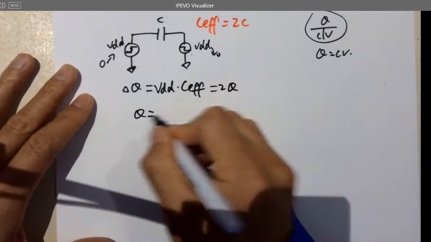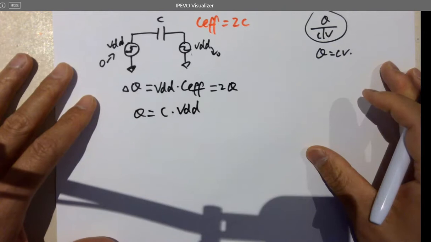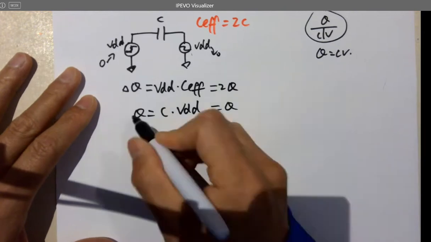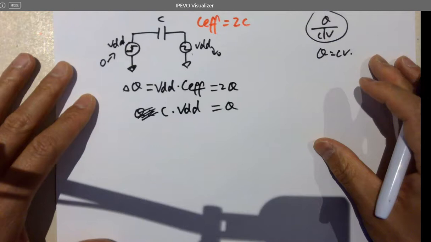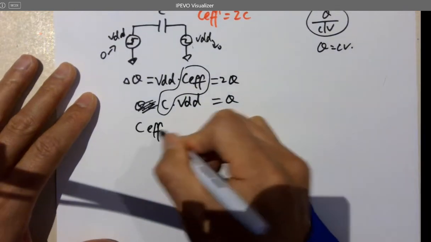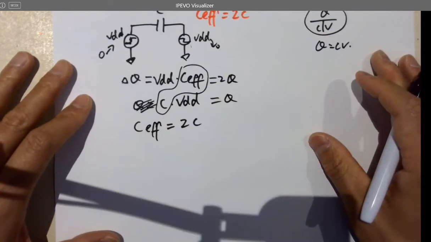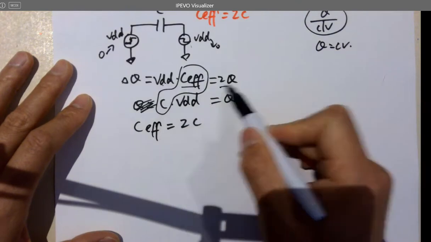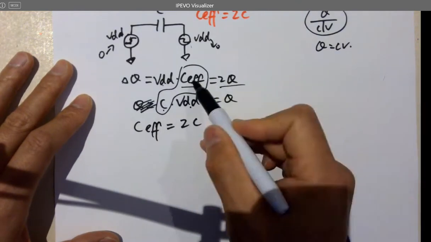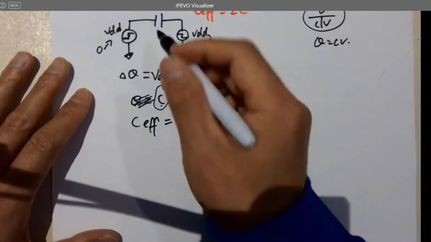However, we know that Q equals to C times VDD. So in that case, we can find out C effective is 2C. That's how we get it. Because VDD times this C becomes 2Q, and VDD times C is only Q, so that's why C effective equals 2C.